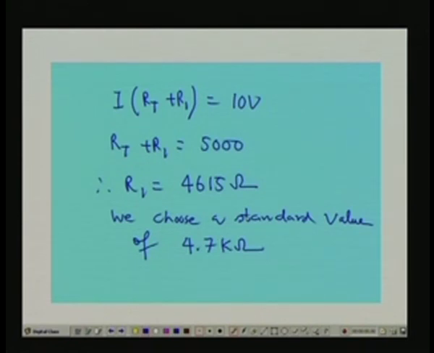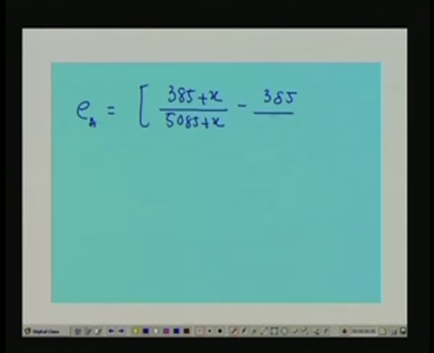Now, again from the Wheatstone bridge circuit, we see that the output voltage EA equal to (385 plus X) upon (5085 plus X) minus 385 by 5085, into 10, right.